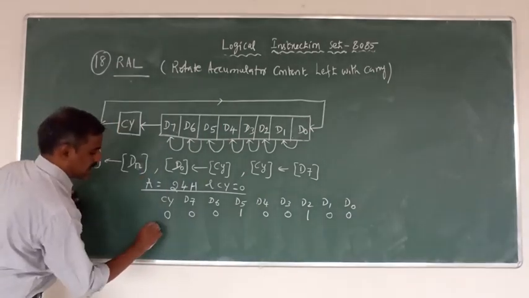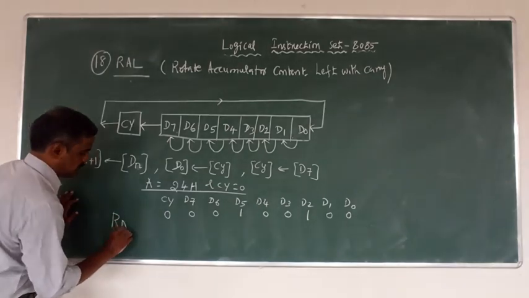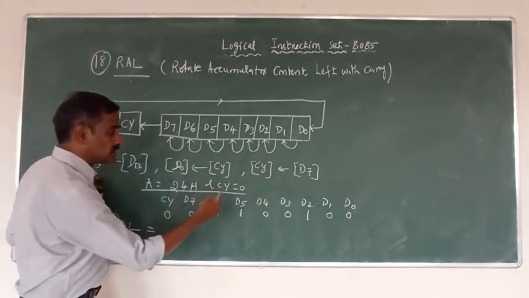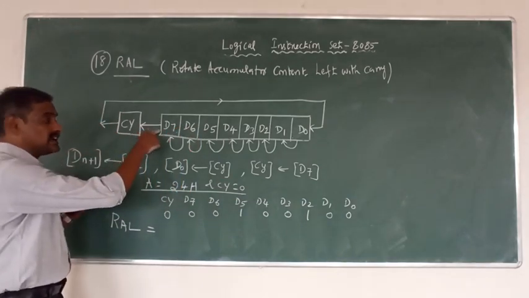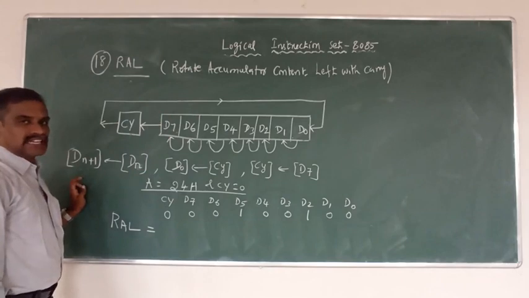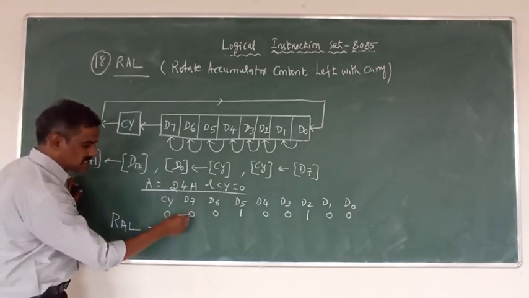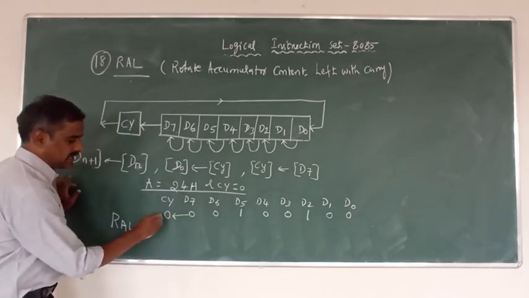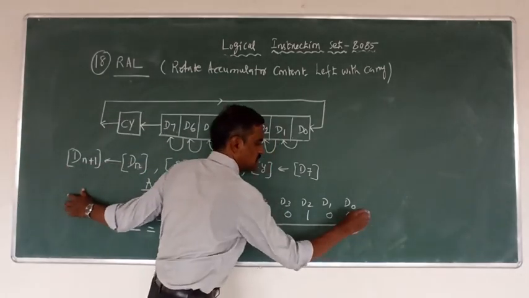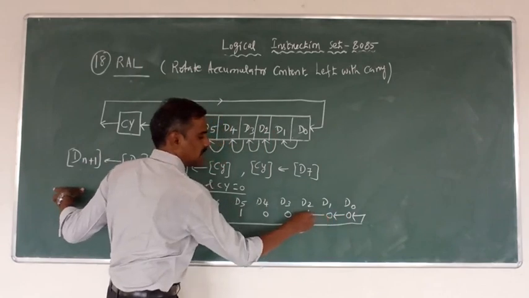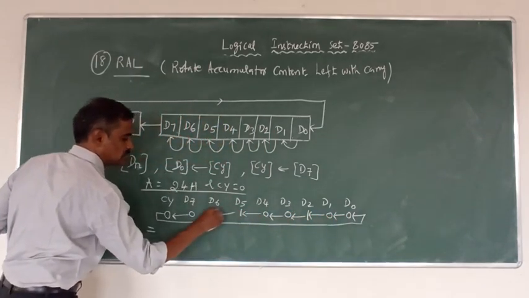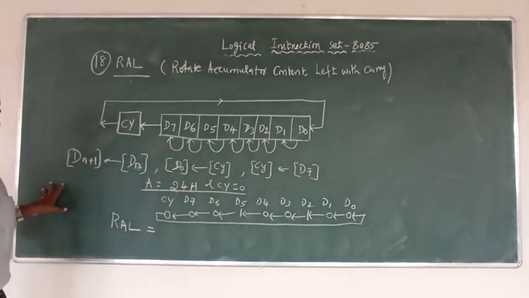After RAL, it will rotate the accumulator content left towards the carry status also. Now D7 data moves to carry, and then carry bit data moves to D0 position, and D0 moves to D1, D1 to D2, D2 to D3, like that it moves by a single bit position.